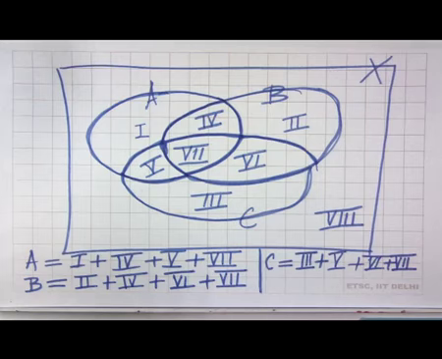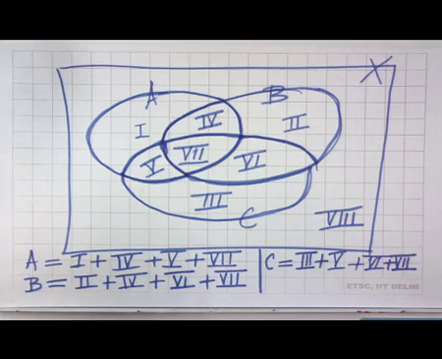Now, these are expressions that involve 4 regions for each of these sets. If I take the innermost region, the region marked 7, that is common to A, B, and C. You can see that pictorially, or you could even see it according to the equations I've written down to represent the regions.